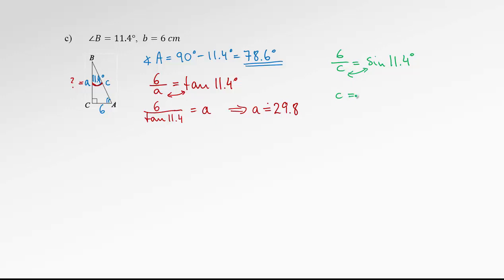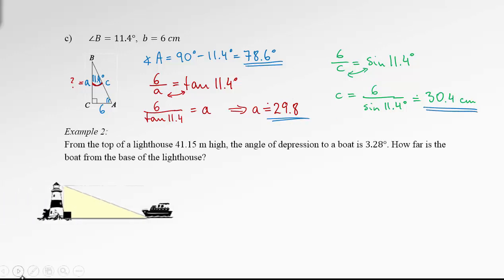Therefore, c will be equal to 6 over sine of 11.4 degrees. Okay, using our calculator, that turns out to be approximately 30.4 centimeters, right? So everything is found, a, c, and the angle A.